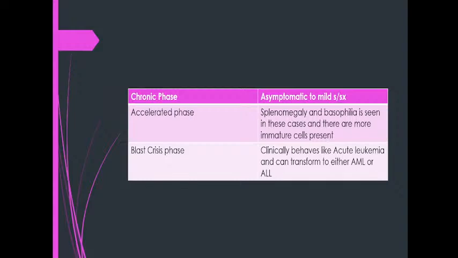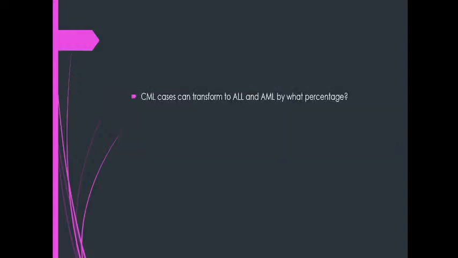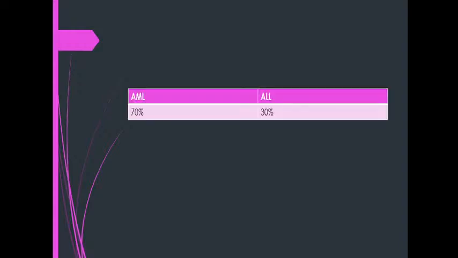All right? So cool. Now, CML cases can transform to ALL by what percentage? For AML, 70% of CML cases become AML. For ALL, it's about 30%.